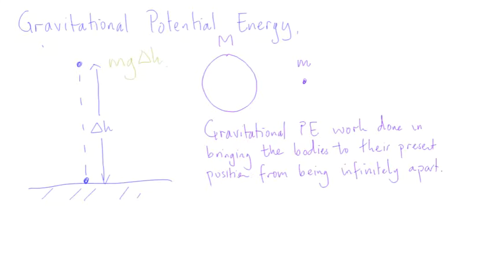So I can imagine having m at infinity, and then bring it into its current position, which is a distance r from the center of big M. The work done in doing that is equivalent to the gravitational potential energy.